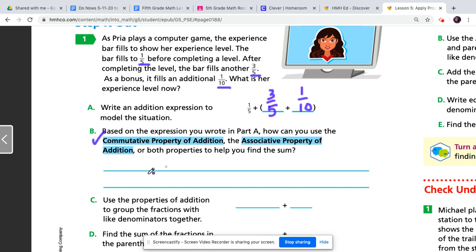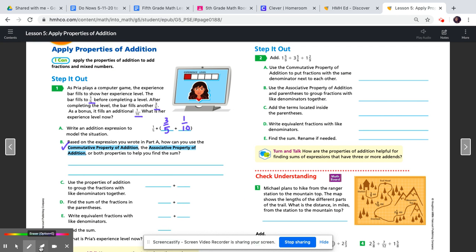So based on my expression that I wrote, how can I use commutative or associative to help me?